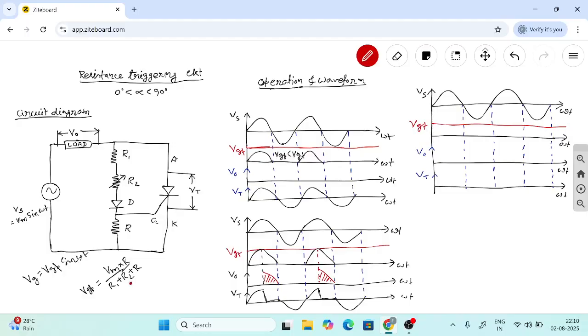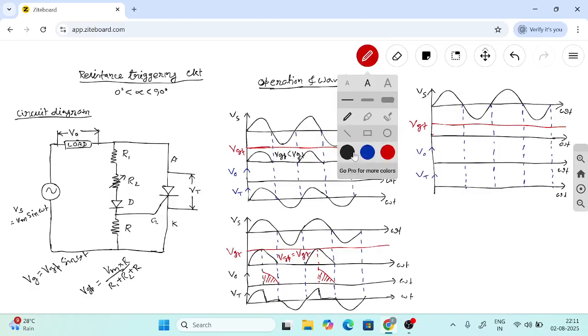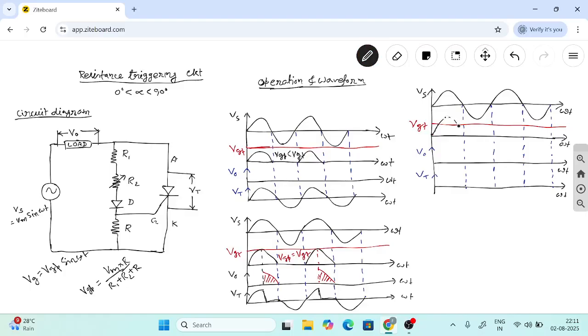So if R2 is decreased further, in this condition VGP is greater than VGT.